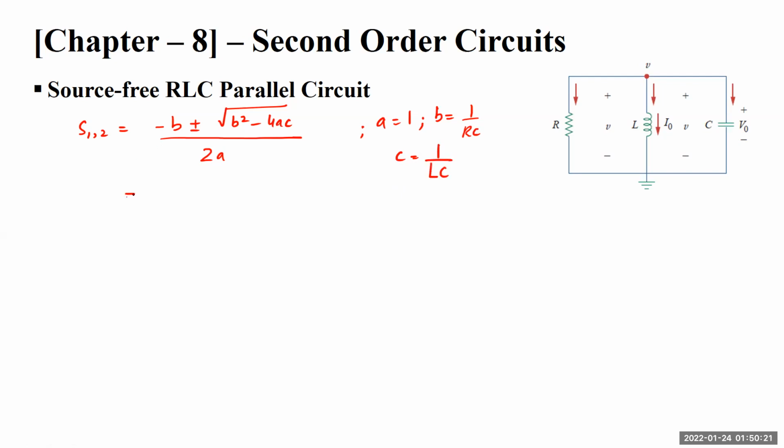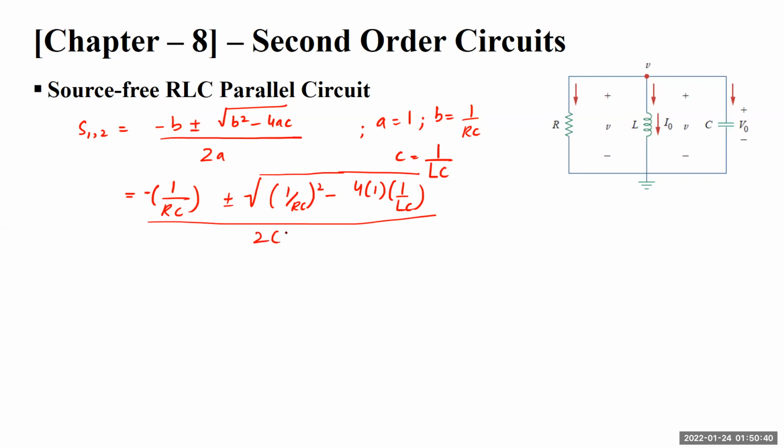So now let's solve it. So b is 1 by RC, which comes with a minus sign, plus minus under the root 1 by RC square minus 4 into 1 into 1 by LC, over 2 into 1.